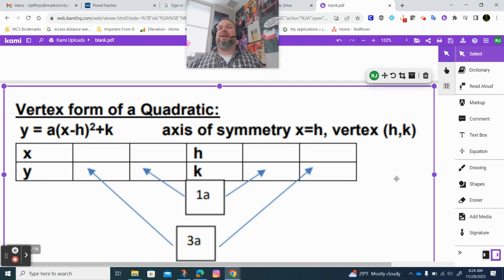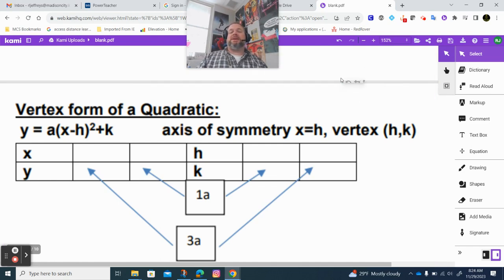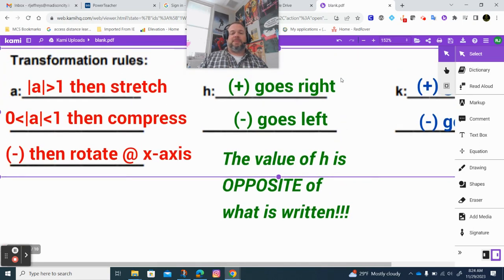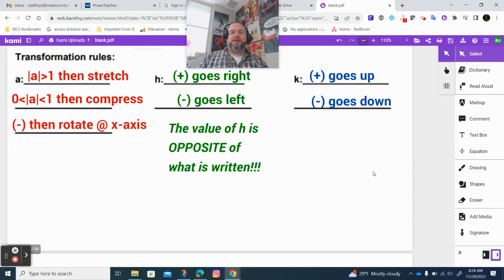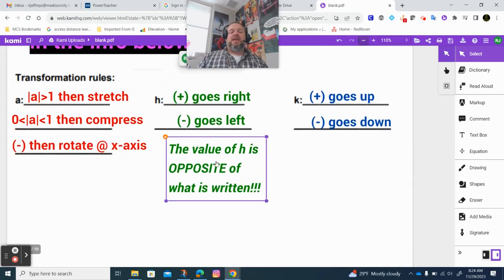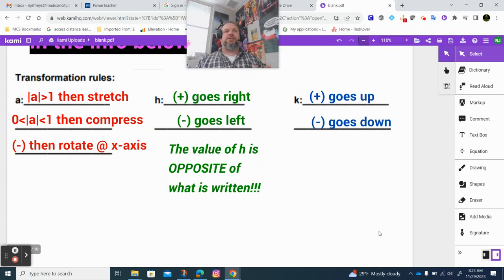There's not an equation to plug it into. We don't have to do negative b over 2a. We don't have to plug something back into something else. This is the big thing that you need to know on this h value. The value of h is the opposite of what is written.